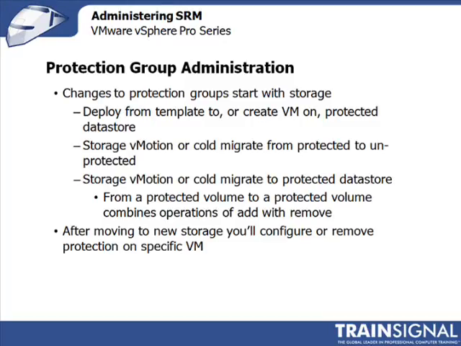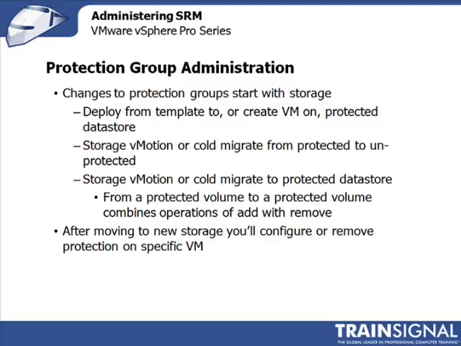The third option is to storage vMotion or cold migrate a virtual machine from a protected data store into possibly another protected data store. That would be one way to shuffle things around. In that instance, it gets a little hybridized in how you would respond.